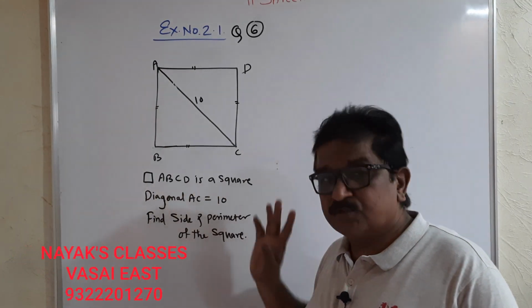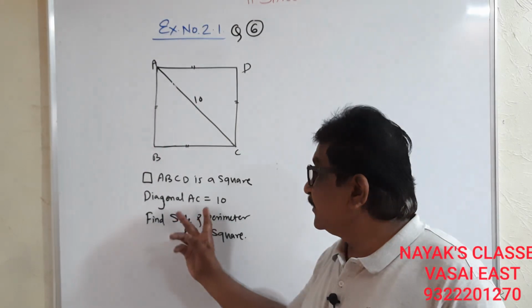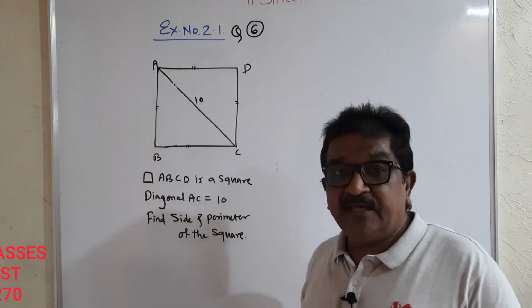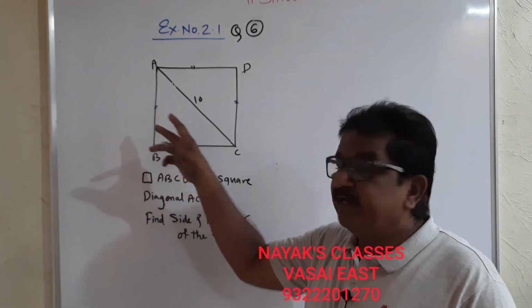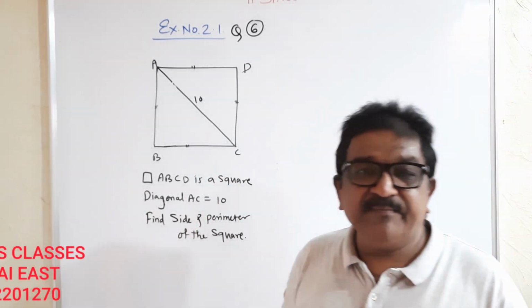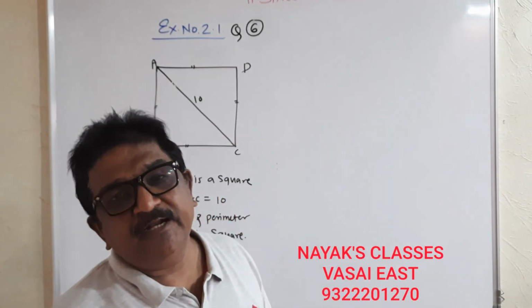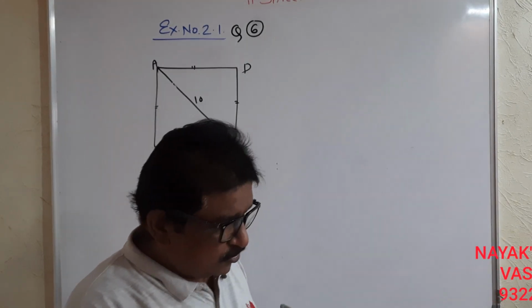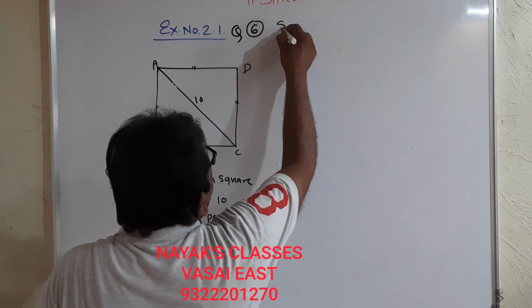Quadrilateral ABCD is a square. Diagonal AC is 10 units. Find any side, meaning all sides are equal, and the perimeter of the square.